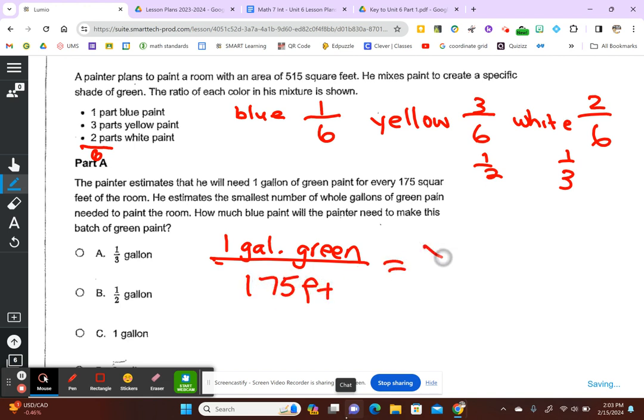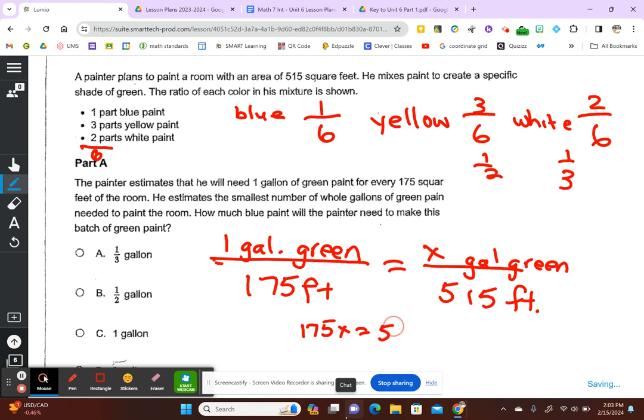That means we're going to need X gallons of green for 515 feet. He estimates the smallest number of whole gallons of green paint needed to paint the room. How much blue paint will the painter need to make this batch of green paint?